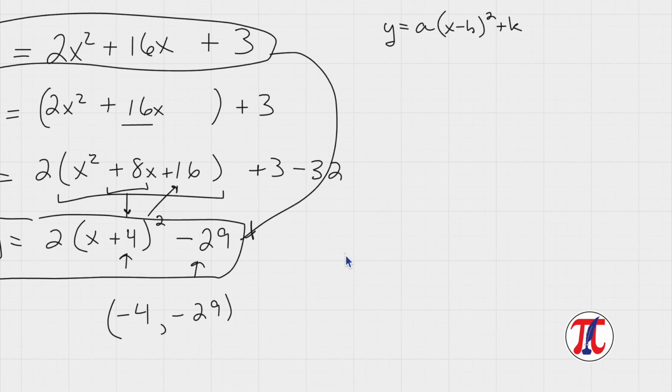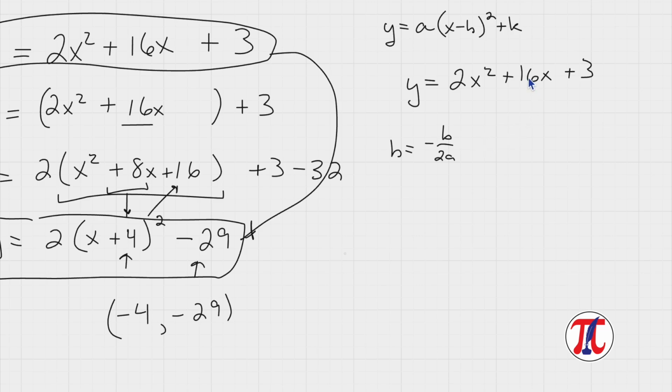Let's look at the other method I showed. If I had the same equation, let's say y equals 2x squared plus 16x plus 3. Okay, remember my h value is my x value, my vertex, and my vertex is on the axis of symmetry, and the equation for the axis of symmetry is x equals negative b over 2a. Therefore, I can find my h value by taking the same thing, negative b over 2a.